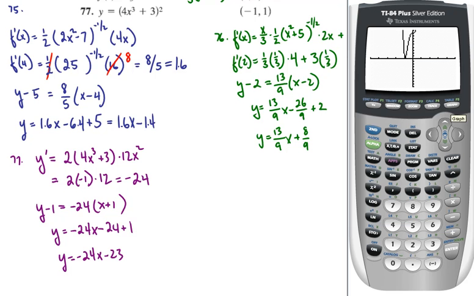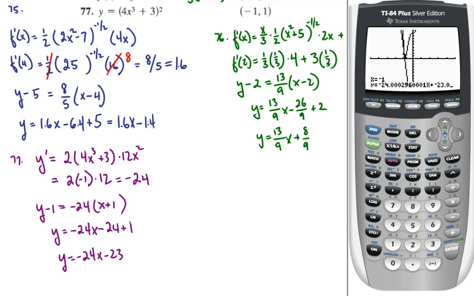And right at x is equal to -1, second, draw, tangent, x is equal to -1, and we get -24x minus 23. All the decimals there are just rounding errors in the derivative process on the calculator.